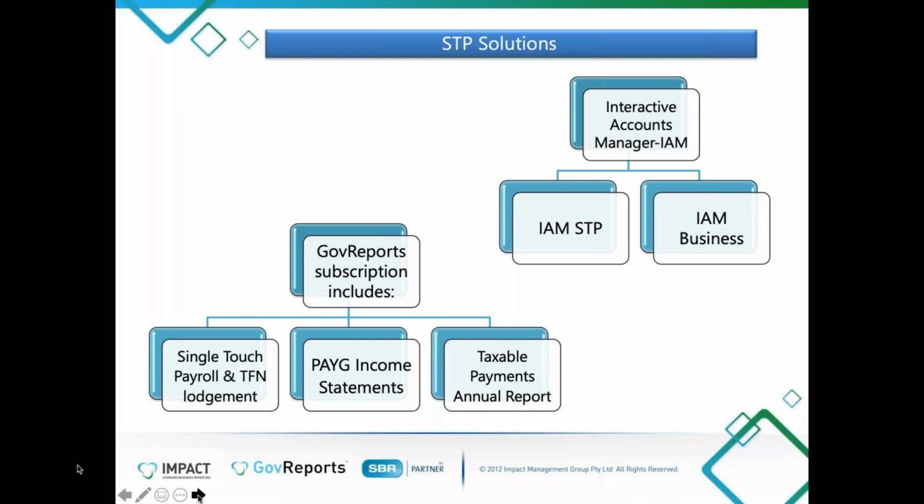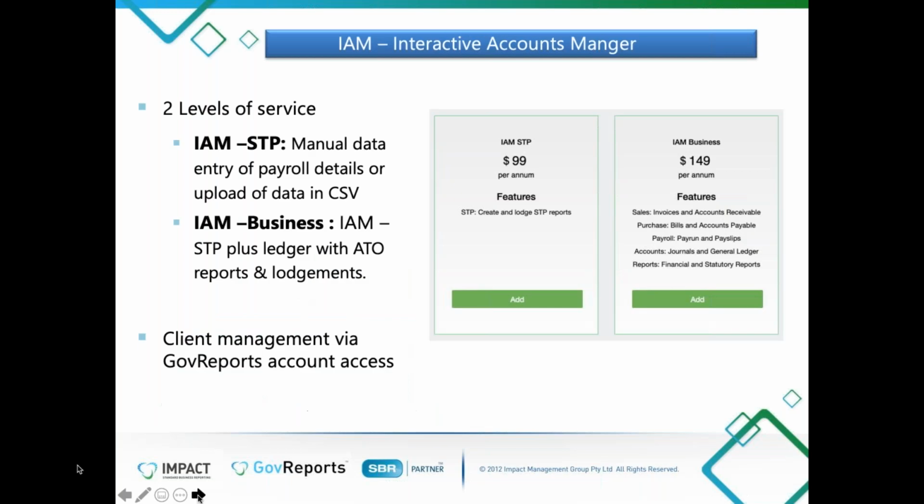It's a standalone payroll. The other is IAM Business, which is a small accounting system, so you can give your clients that facility so they have control, and you still have the input of being able to look over and check the files.